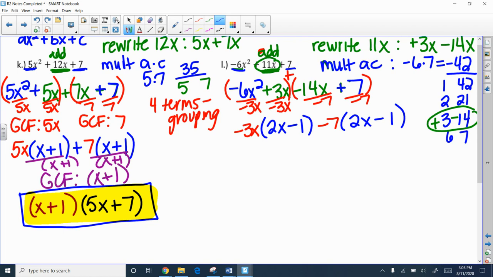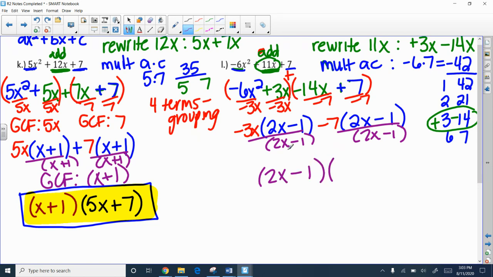Now from here, we can see another common factor. Each group now has a 2x minus 1 in common. So I'm going to factor out the 2x minus 1. The 2x minus 1 is my GCF, so I wrote it in the front.